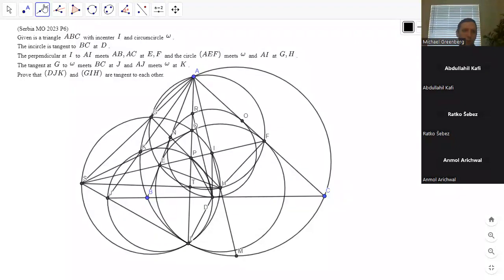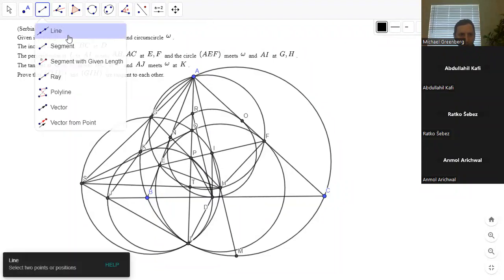Are N, Q, and O collinear? No. So, yeah, what if I project it? It doesn't seem like it should be that hard to show that this is harmonic. I just can't think of it right now.